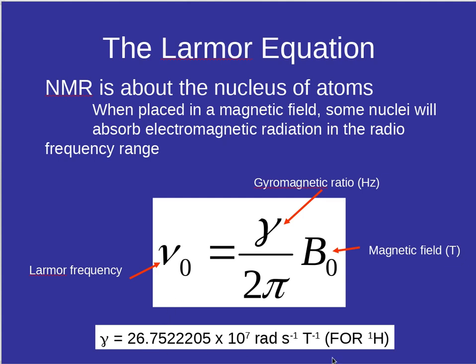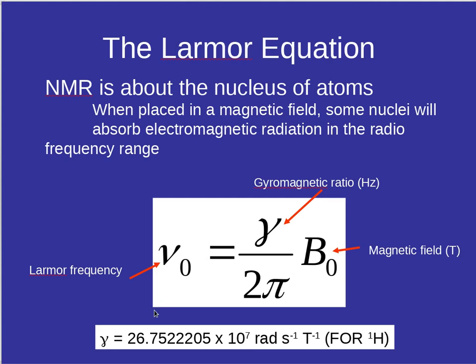And you can look in tables for the gyromagnetic ratio for several nuclei. So for example, for the nucleus of a hydrogen atom, which is simply a proton, remember hydrogen atoms only have a proton as their nucleus, a proton has a gyromagnetic ratio of 26.75 times 10 to the 7 radians per second per Tesla. Remember, don't forget that it is quite a large number. That 10 to the 7 is often omitted in tables, as it is placed at the head of tables, so don't forget to use it.